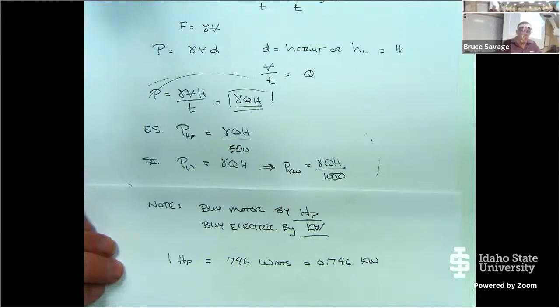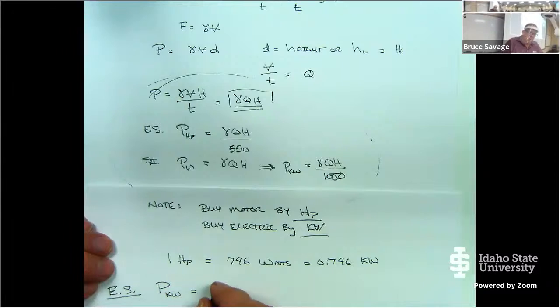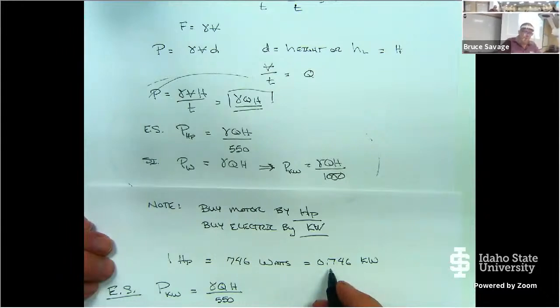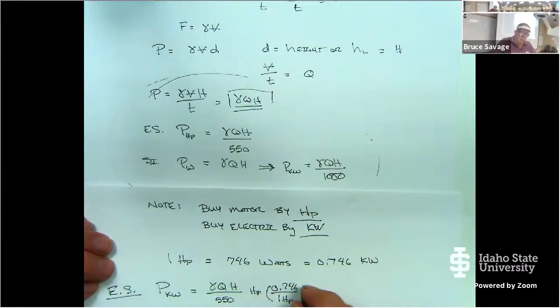Now, if I do the conversion, if I'm working in the English system and I want power in terms of kilowatts, and I'm using gamma QH in English system units, then I would convert by 550, which gives power in terms of horsepower, and I know that in 1 horsepower there is 0.746 kilowatts.